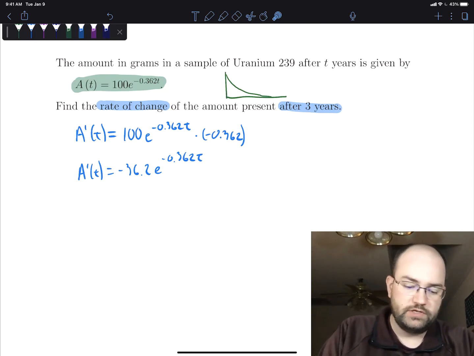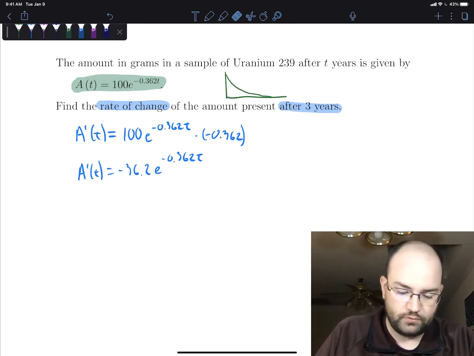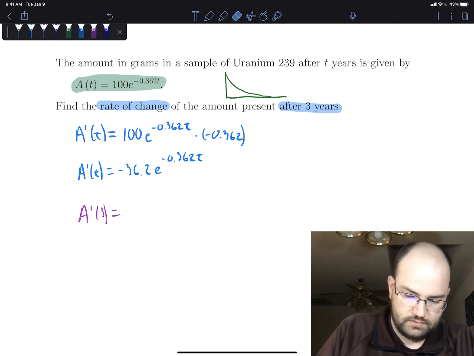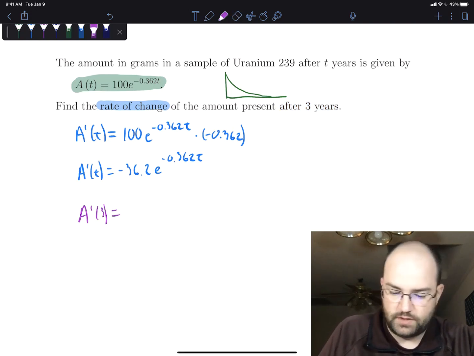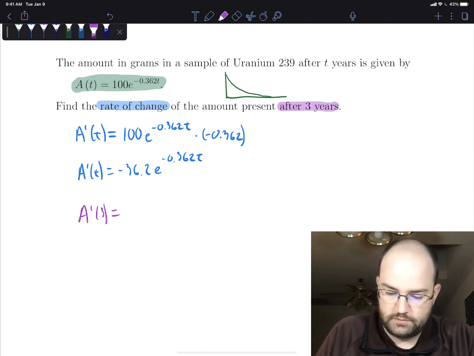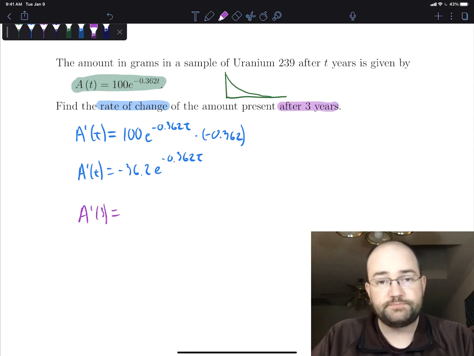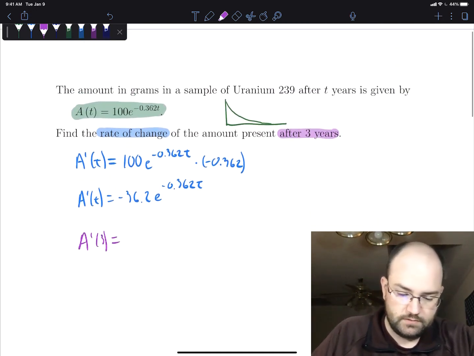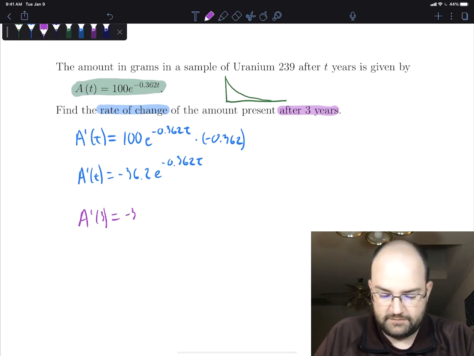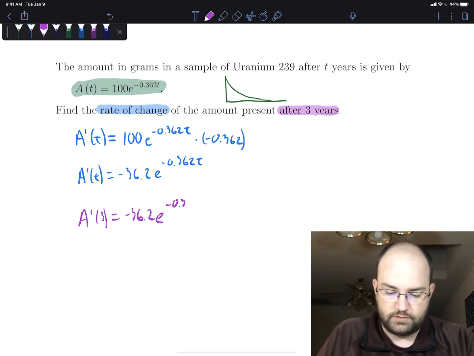That's initially, though. What we want to know is what is A prime of 3? So to do that, just plug in 3 for t. That's going to give me negative 36.2, and then e to the negative 0.362 times 3.